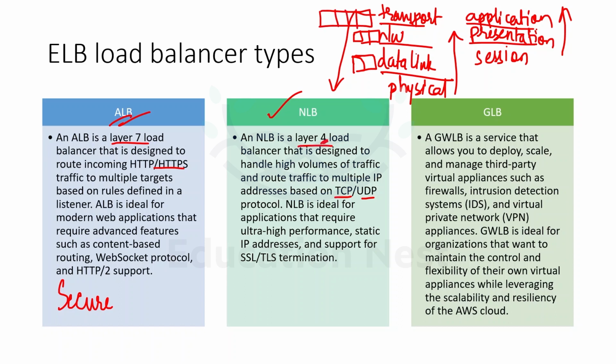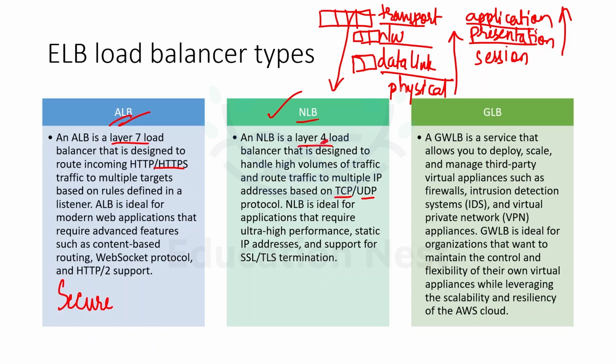So if we go up to the application layer, the headers appended would be more in count. That's why ALB is also able to maintain high volumes of traffic, but not like NLB. Because the count of headers at the fourth layer is less, it handles high volumes of traffic efficiently.